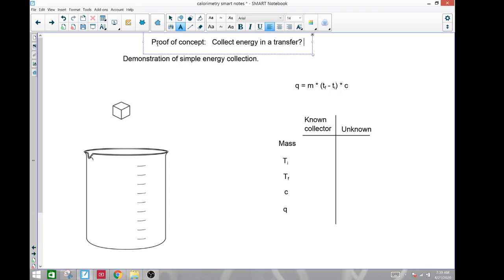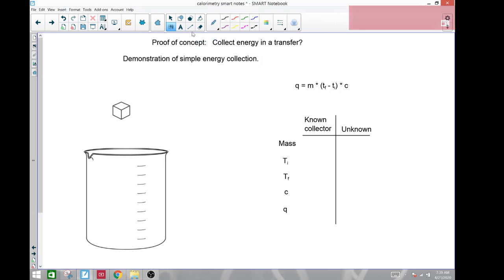Now this example, you might say, well, that's kind of boring. What are we going to do with that? Well, there are lots of examples of things where we're always looking to transfer energy. We could sit here and talk about how energy transfer is super important, things warming up too much, but this is just a simple example.